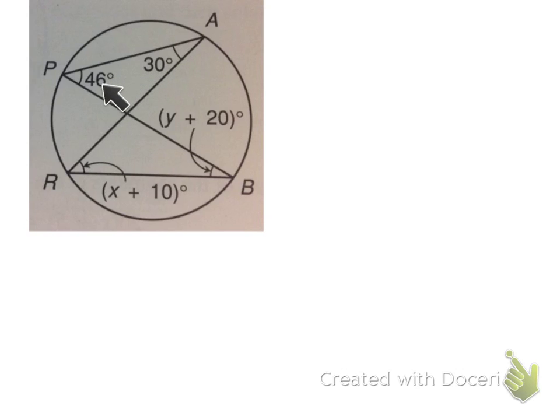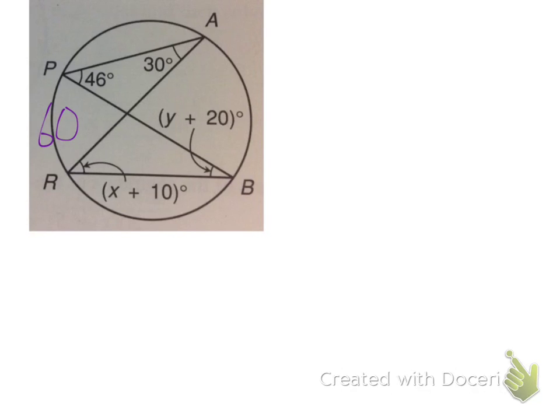Arc PR. So what do we know about arc PR? How big is it? 60. Why is it 60? Because an inscribed angle is half of the arc. So if the angle is 30, the arc has to be 60.